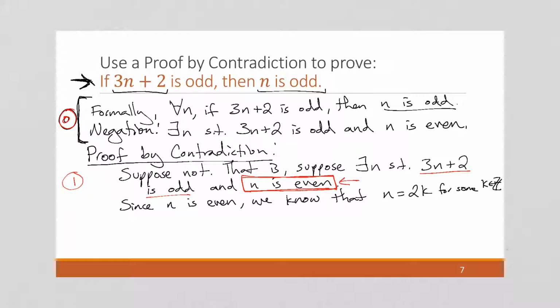So, since n is even, we know that n is equal to 2k for some integer k. And now we can plug this in. So, what does that mean about 3n plus 2? Again, I'm not saying this is even or odd, even though that's part of our supposition. I'm just going to say, well, if n is equal to 2k, then this is going to be 3 times 2k plus 2, by substitution.